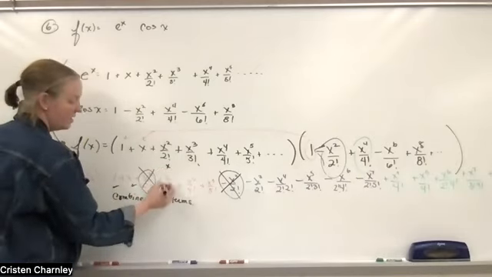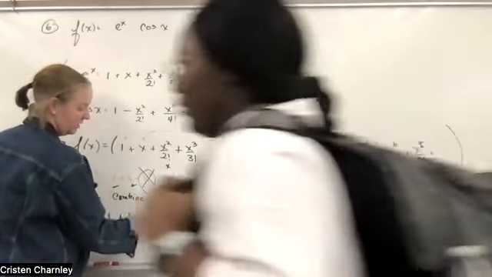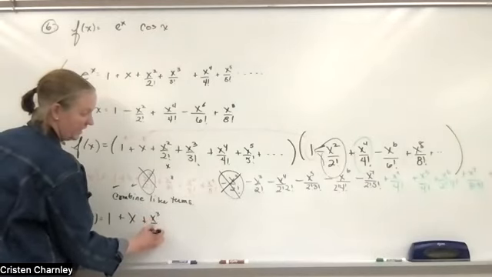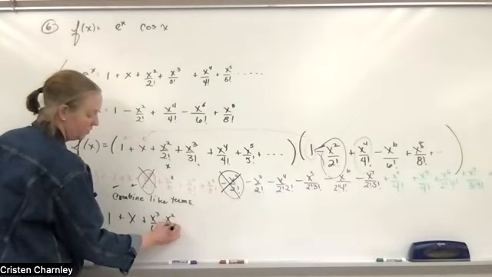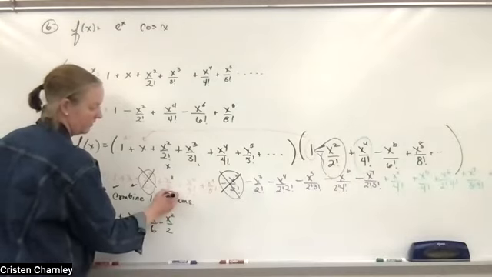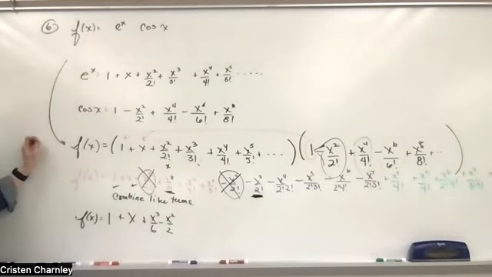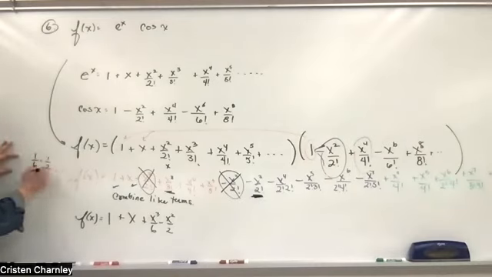X cubed over what? Let's do this. I have x cubed over 6, and I have minus x cubed over 2. Because I've got this one and this one. So 1/6 minus 1/2. What would that be? Negative what?